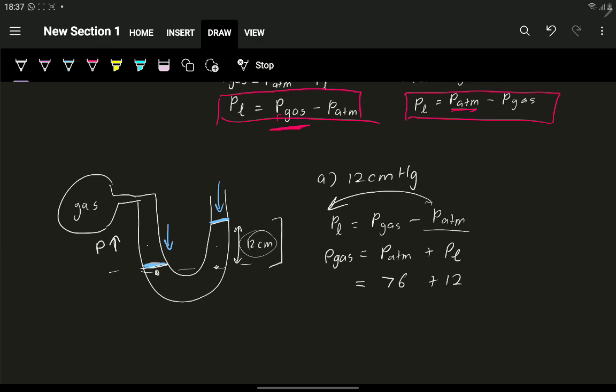Because we learned before that atmospheric pressure in mmHg is 760, so in cmHg, it's 76. So that is the P ATM. And then our PL is this here, just 12 cmHg. So our gas pressure in cmHg is 88 cmHg.